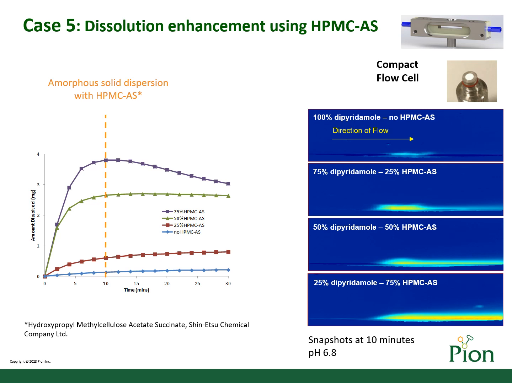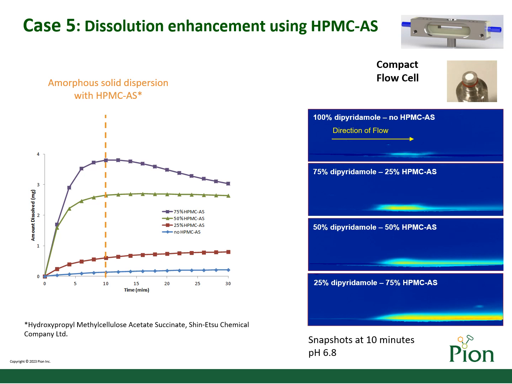This case shows an experiment using now the compact flow cell to study the enhancement of dissolution of dipyridamole using HPMC acetate succinate in different ratios as an amorphous solid dispersion. The dissolution of the samples was monitored using UV light. The images on the right-hand side show snapshots of the dissolution videos at 10 minutes.